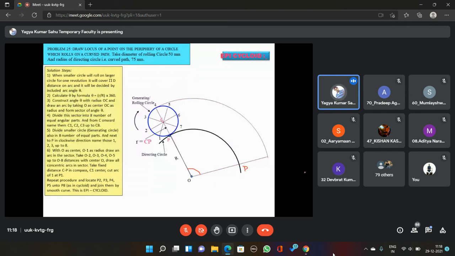In this question it is easy because it is 120 degrees, so you can easily divide it and you'll get 15 degrees for one division. So you can easily make 15 degrees with the help of your protractor.